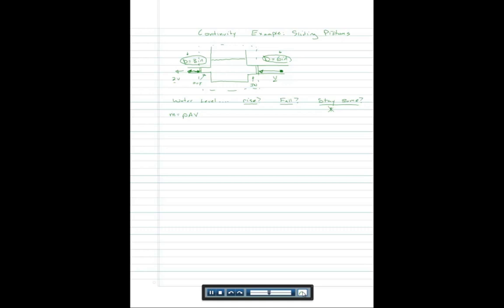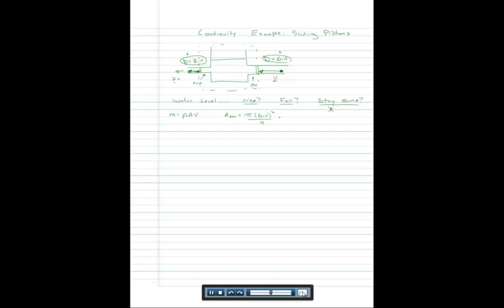It's the cross-sectional area that the mass flow rate depends on. And so if we were to calculate the area of the flow that's going in based on a diameter of 6 inches, then the area is going to be pi d squared divided by 4.